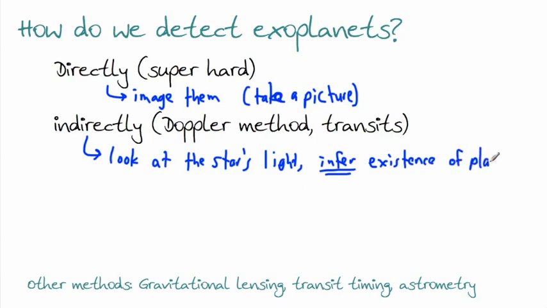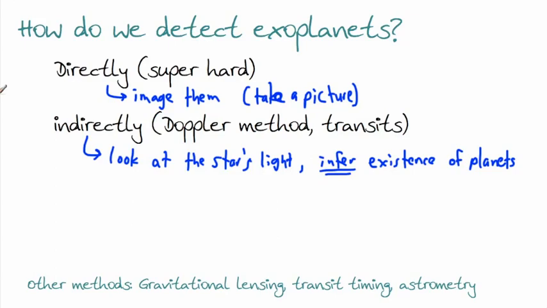I'll go over this in more detail for some of these, like the Doppler method and transit method. But we look at the star's light really carefully, and we infer that a planet must exist based on what it's doing to the star's light. So these are two such indirect methods.